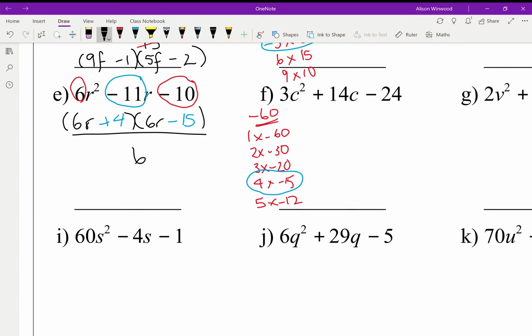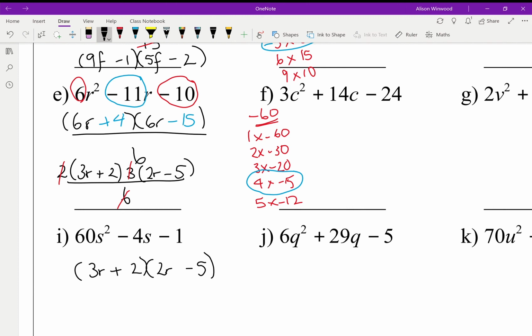Then my first bracket has a common factor of 2, and my second bracket has a common factor of 3, and those common factors cancel with the 6, so I get to the same final answer without having to try lots of different combinations. I've got a system that works every time.